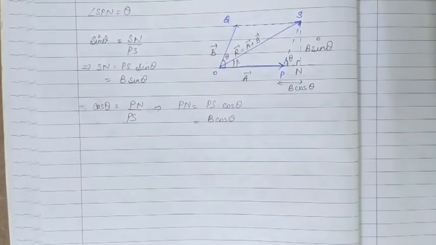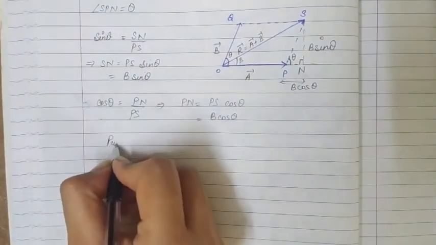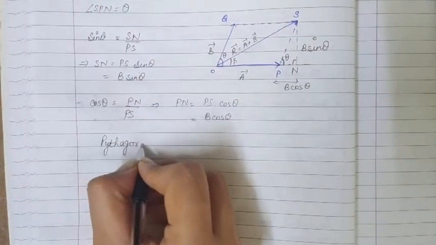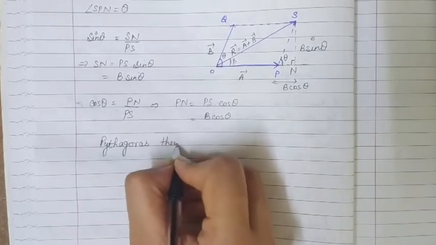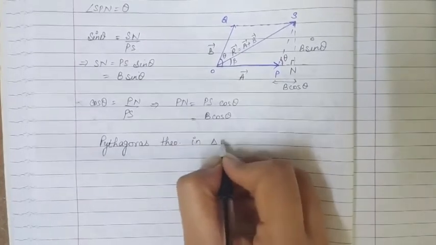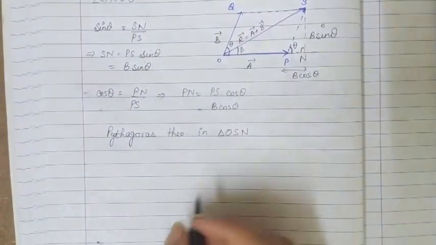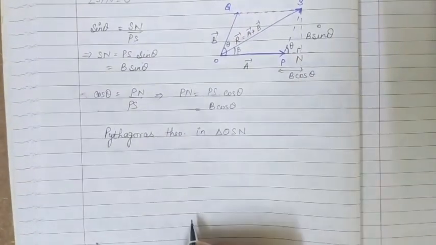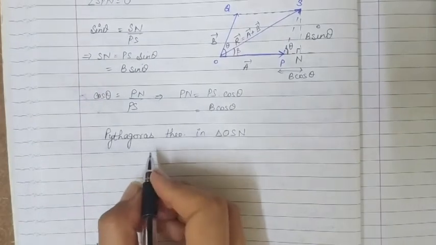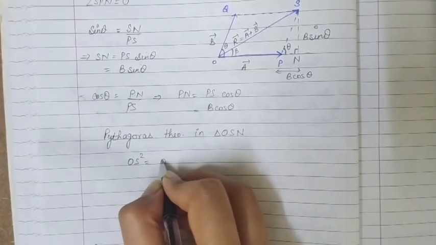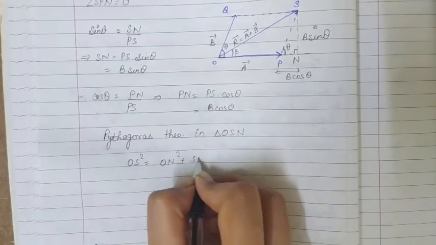So we are going to use Pythagoras theorem in triangle OSN having right angle at point N. At point N it is right angle. So OS square is equal to ON square plus SN square.